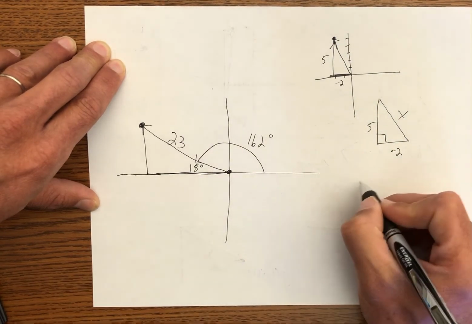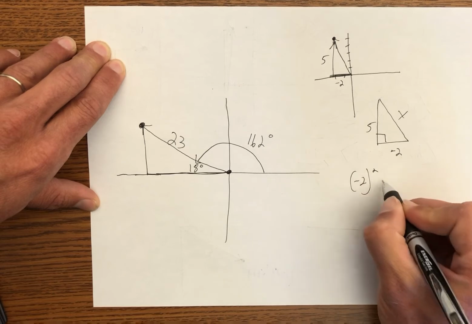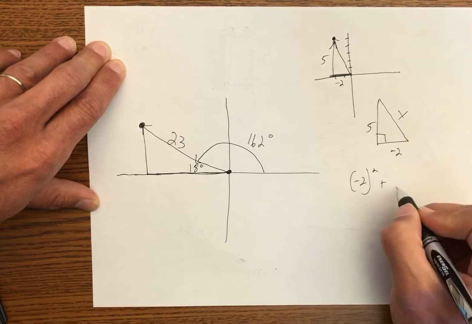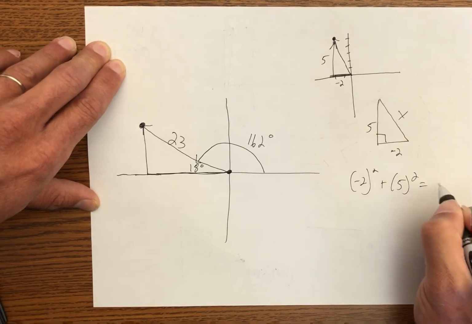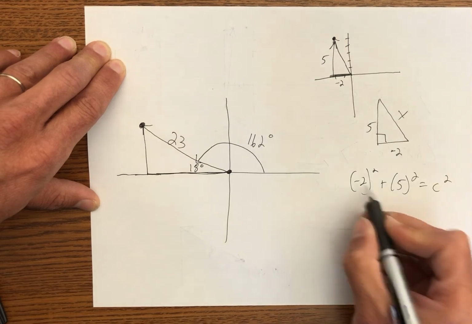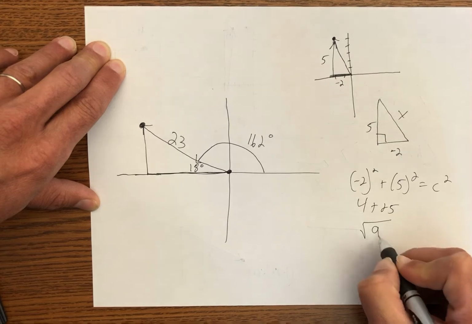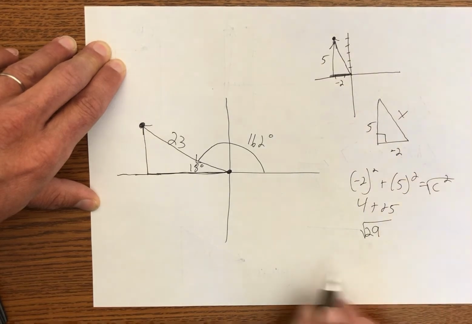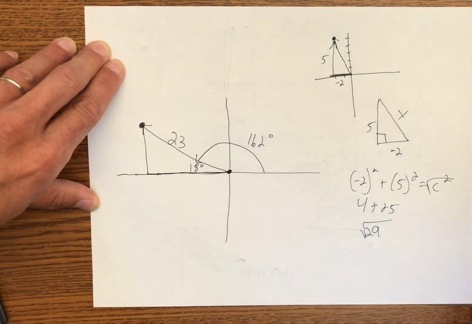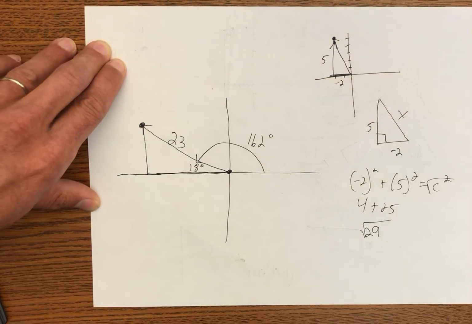So a squared plus b squared equals c squared. So I'm going to have 4 plus 25, which is the square root of 29. Remember the very first page of notes.